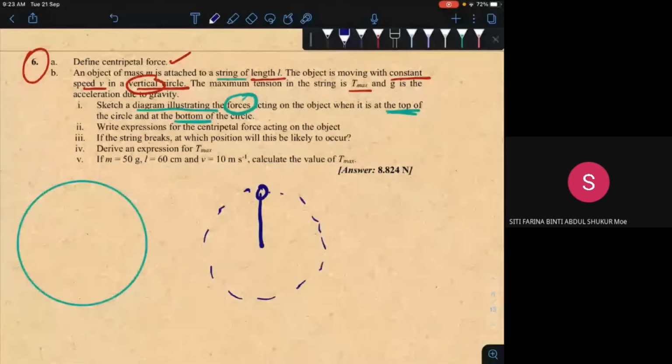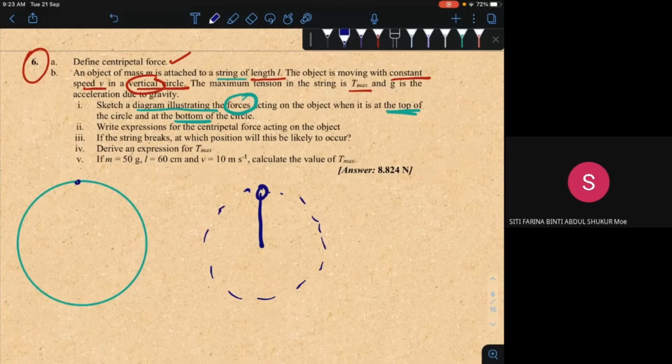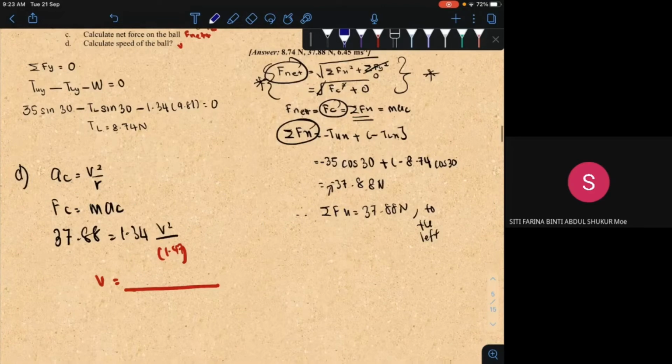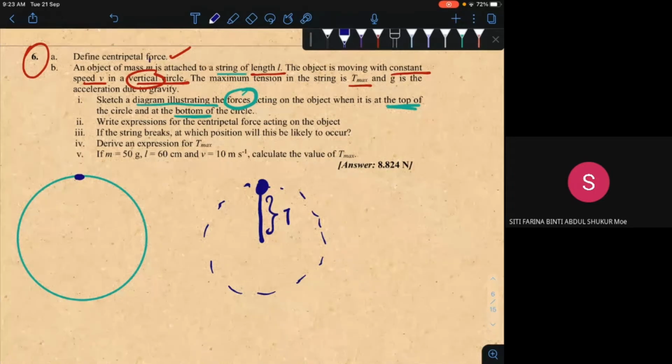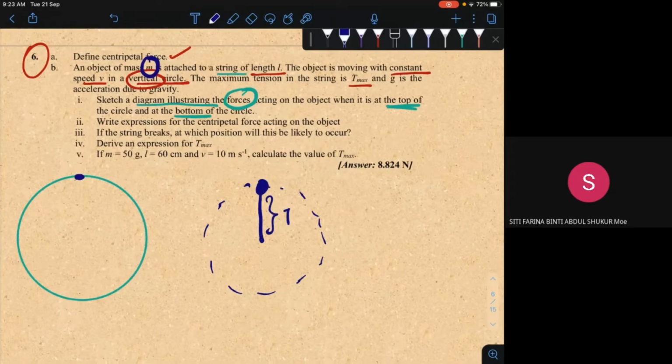At the top here, the forces involved are, because it is tied to a string, it will have tension. The object has a mass M, so we will have weight. So you're going to have these two forces, weight downward, tension also downward. Okay, and then at the bottom you will have tension upward, weight downward.